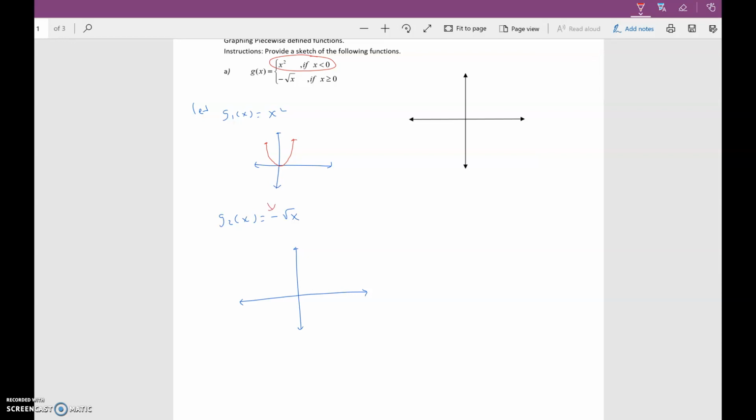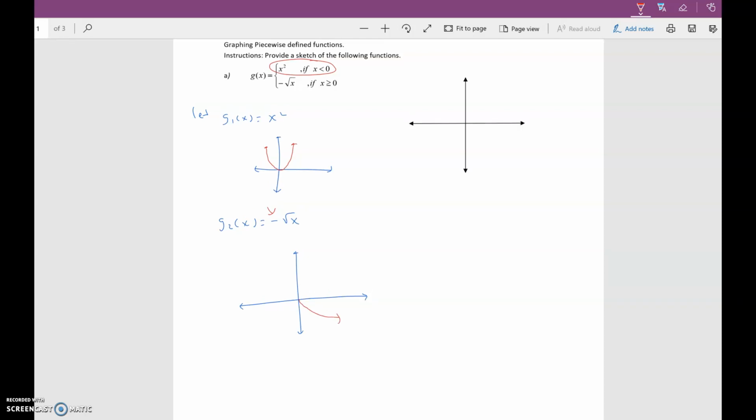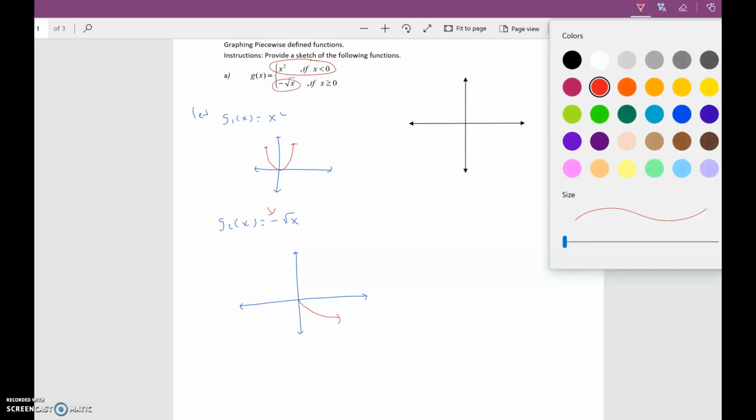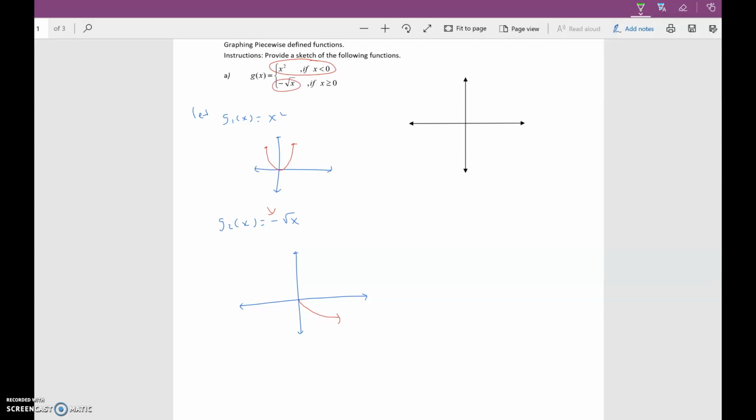Because of that negative, instead of your actual square root going in this direction, it's going to go from the origin to the bottom. Now, the next portion is crucial because we're going to be doing pieces.